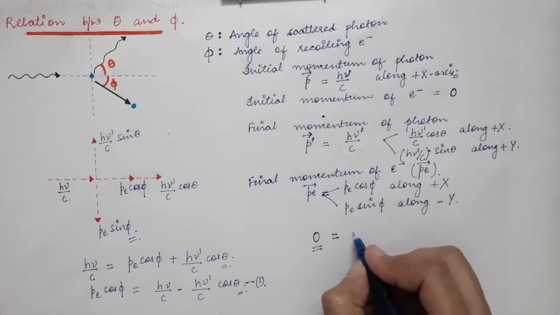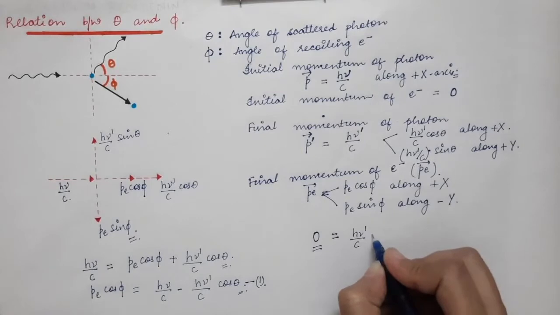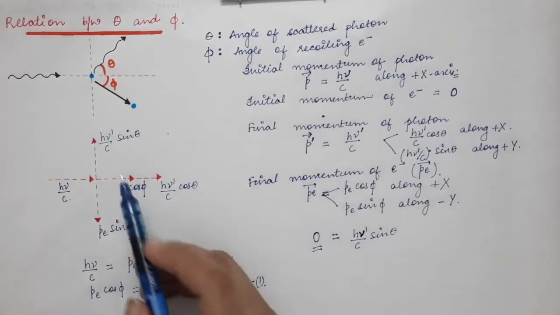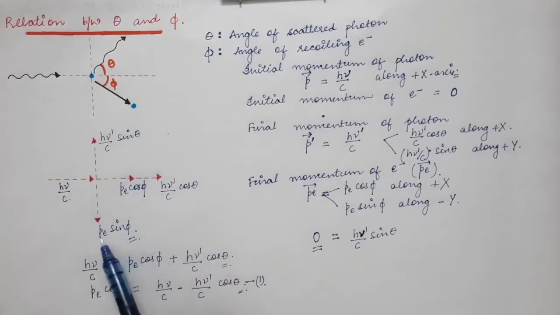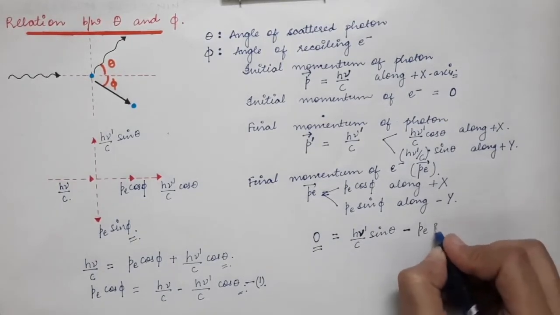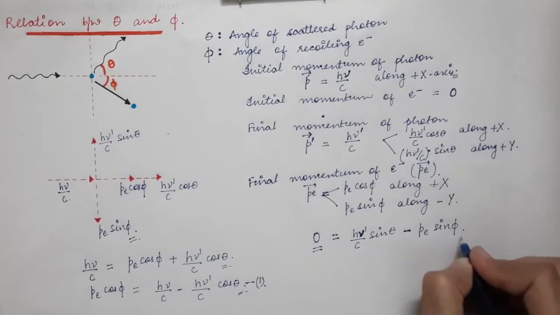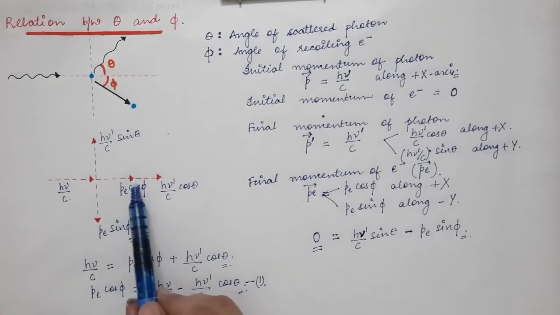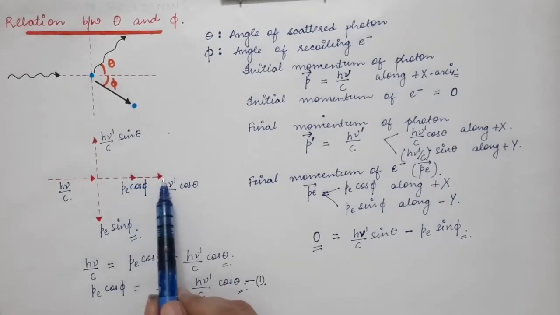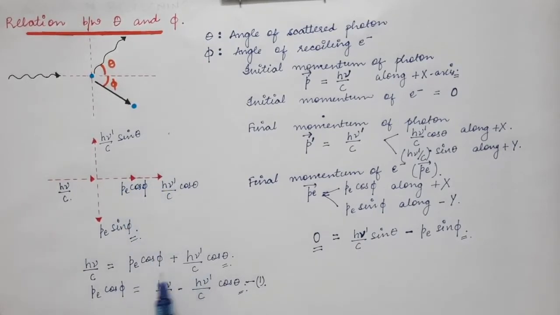So final vertical component is h nu prime by c sin theta and we have Pe sin phi, but here this Pe sin phi is along negative y-axis, therefore we have to use negative sign over here. So minus Pe sin phi. So those components which are parallel like this one, so this component is along the same direction, so we have added them over here.